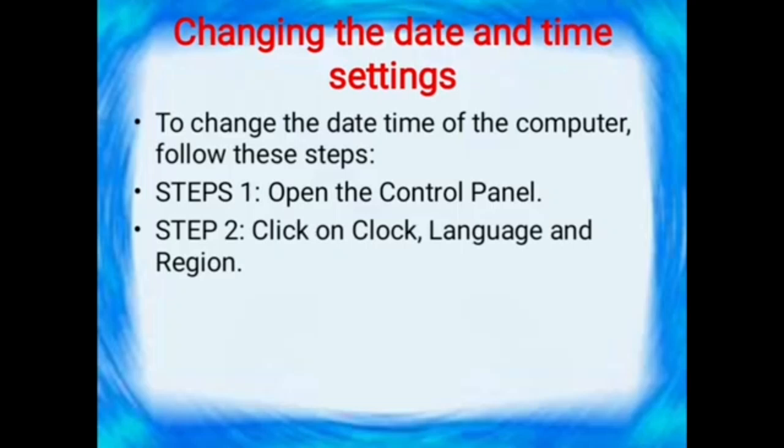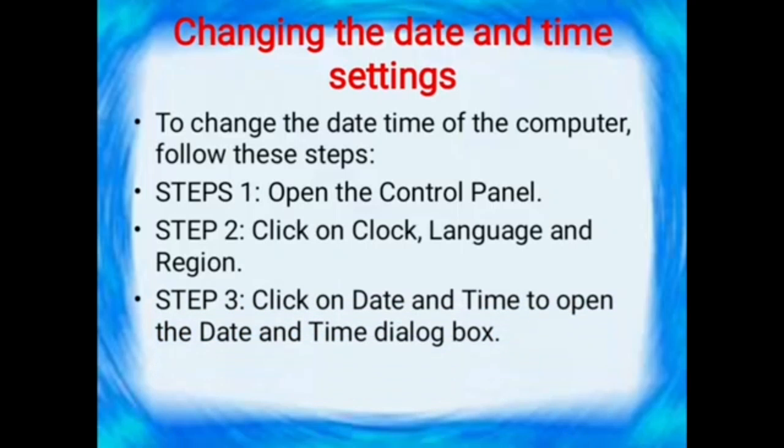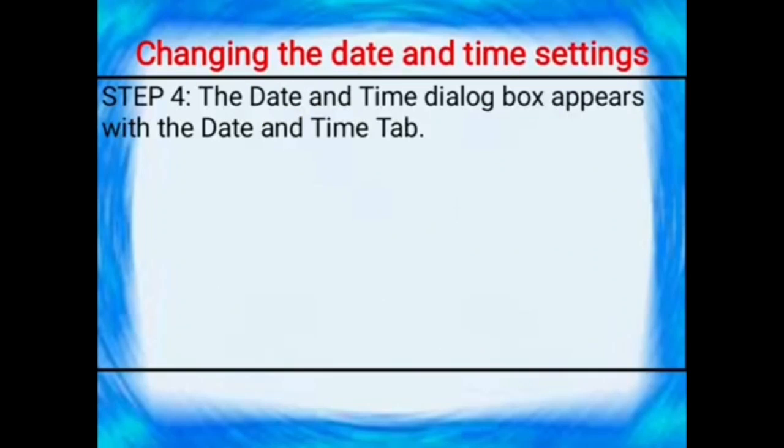The next one is click on Date and Time to open the Date and Time dialog box. Now we are going to change the date and time, so we want to open the Date and Time dialog box. The next step: the Date and Time dialog box appears with the Date and Time tab.